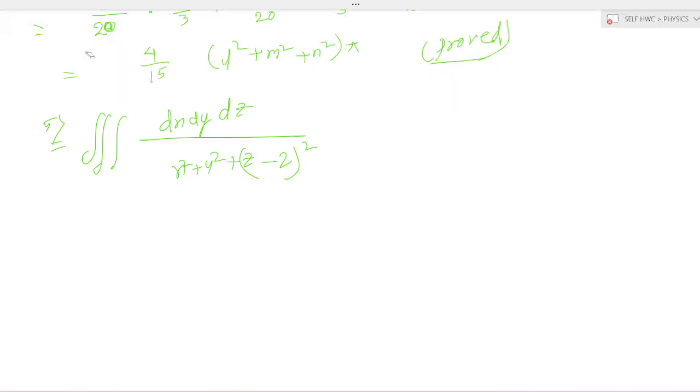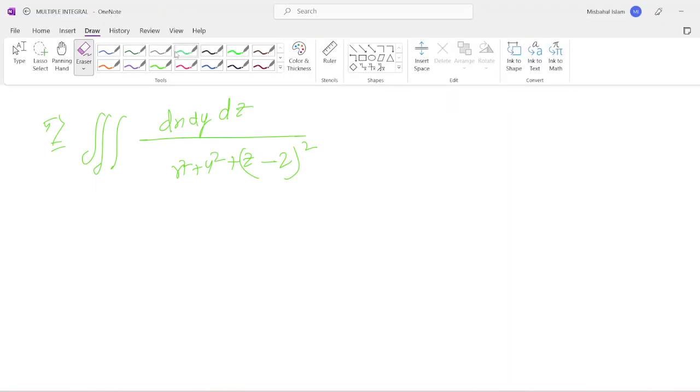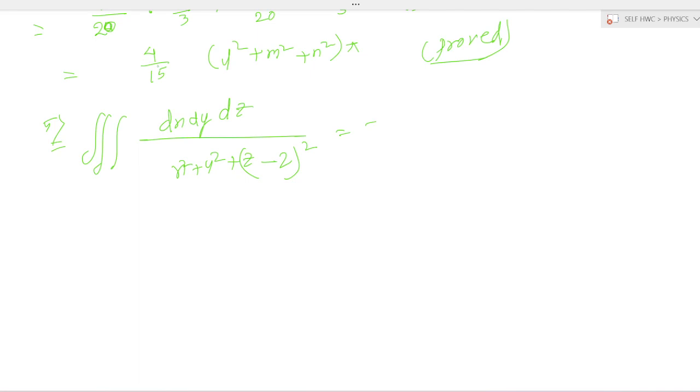How to solve this problem? The answer is π(2 − 3/2 ln 3).